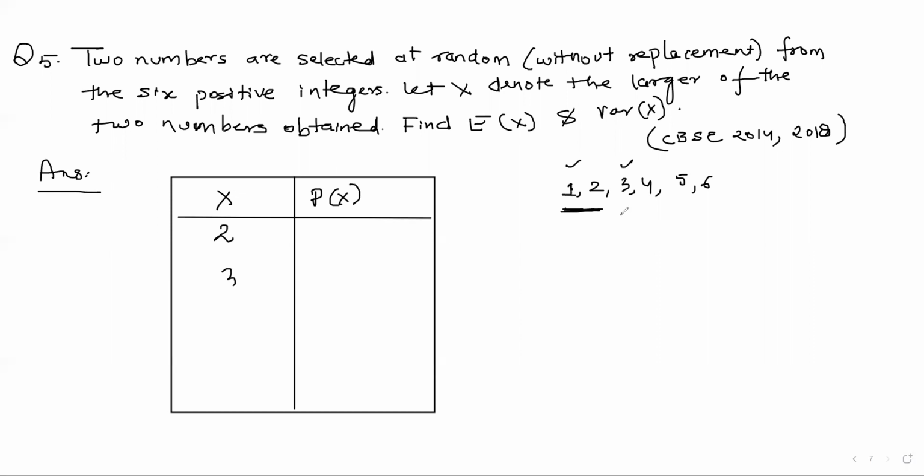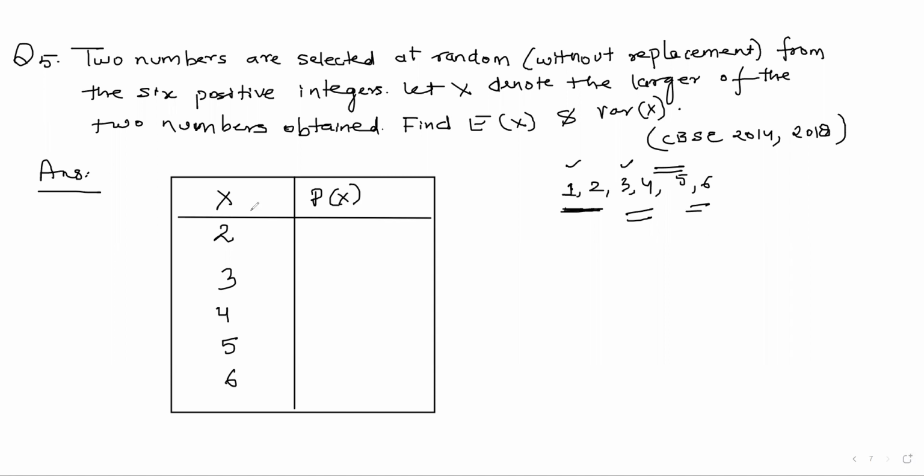Suppose you have selected 1 and 4, then 4. If you have selected 1 and 5, that means 5. If you have selected 1 and 6, that means 6. Okay, so these are the values of X. Now we will see for 2.